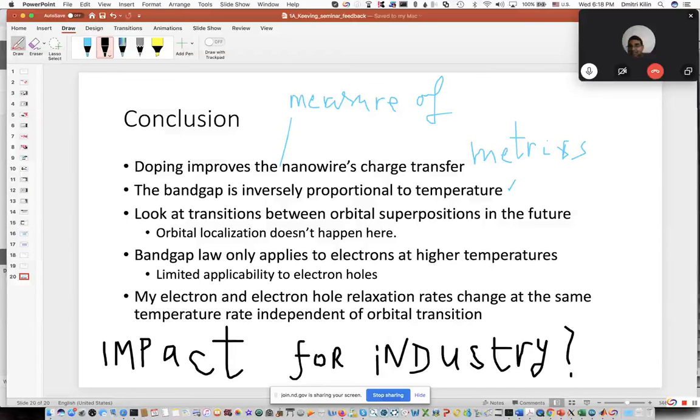I'd say the parts where I saw how the band gap law changed with energy and temperature. It was really interesting to see how the relaxation rates change with these two parameters, and I believe my findings can be applied in the semiconductor industry. Excellent, perfect.